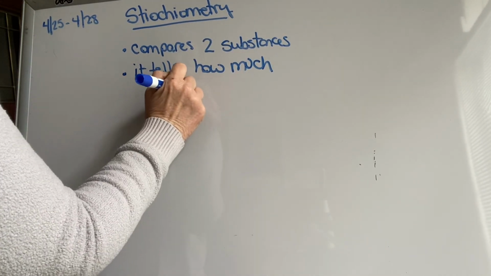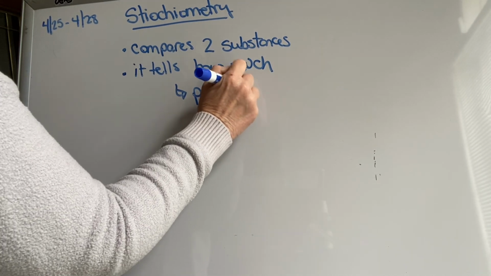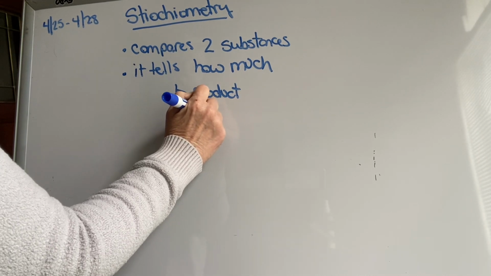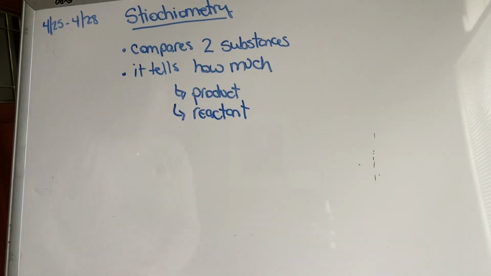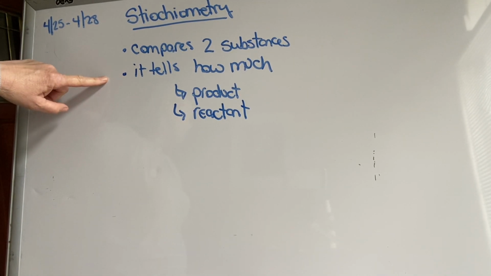Okay, so this is a definition, this is what it does, and this is why we do it, what we're going to get from it, or what it tells us.